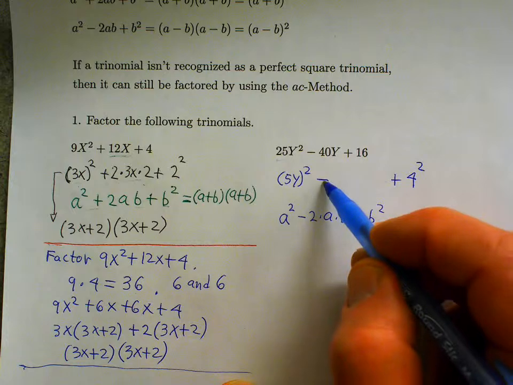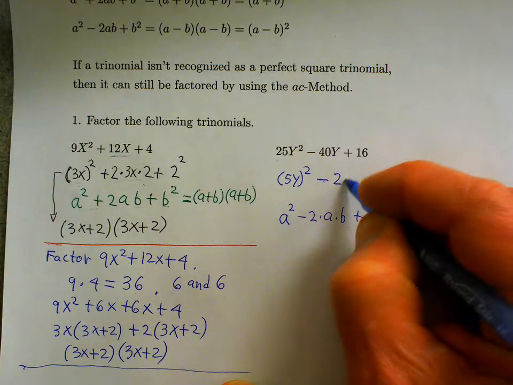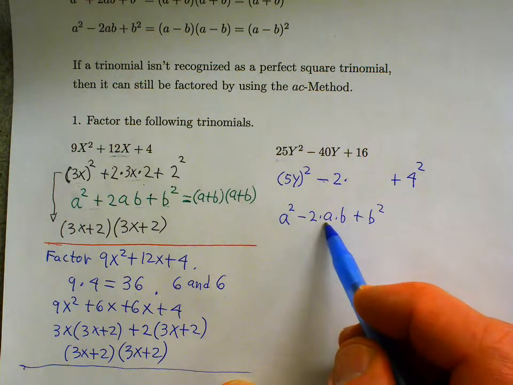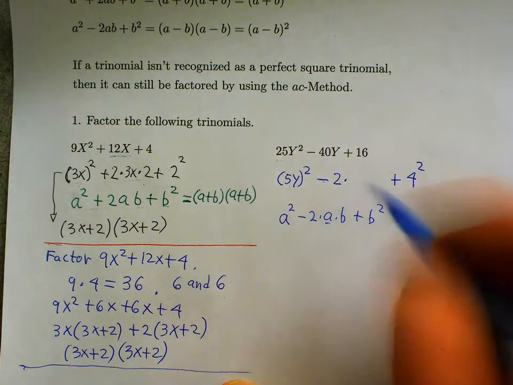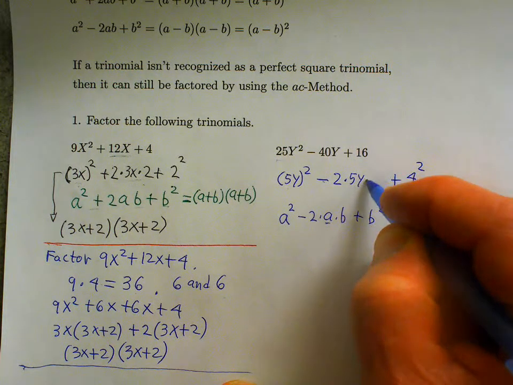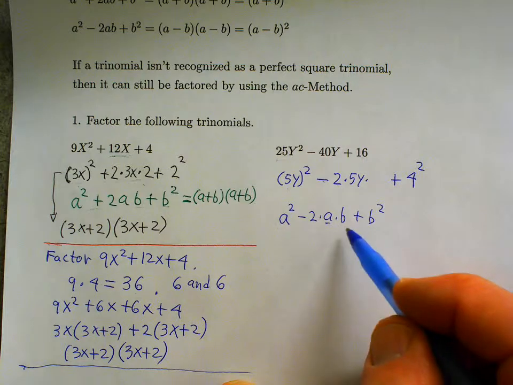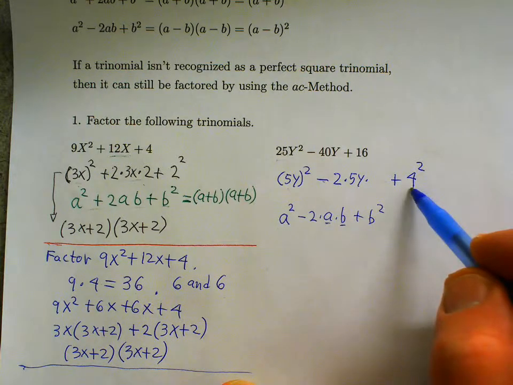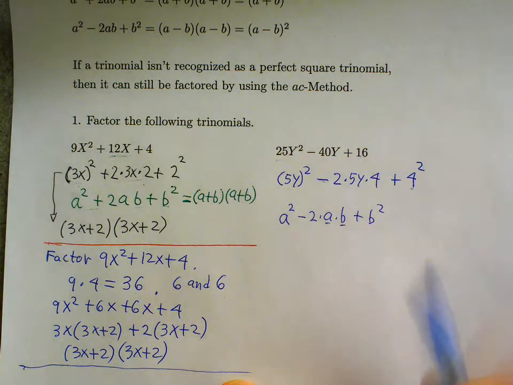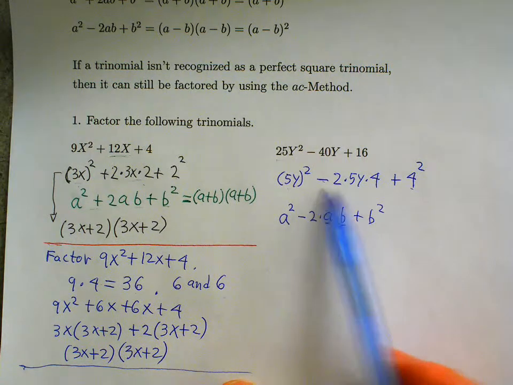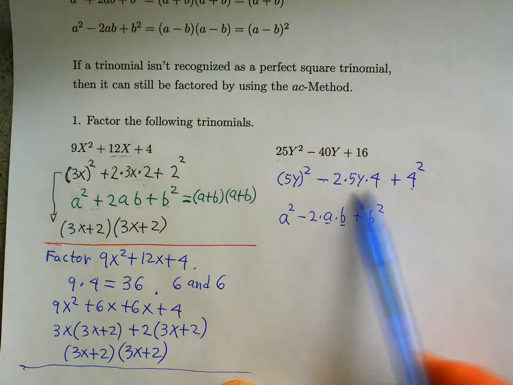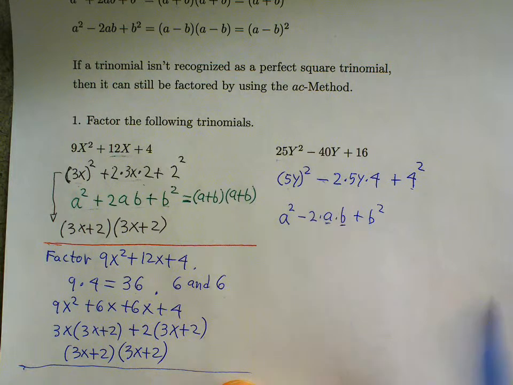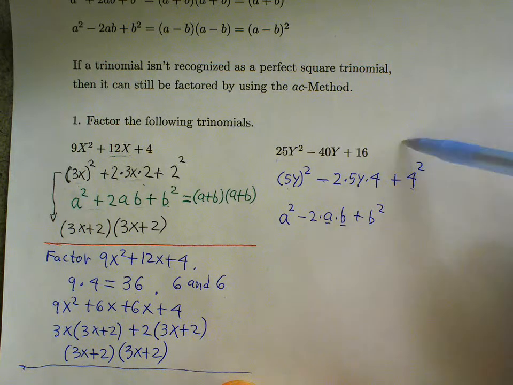Okay, so up here we have minus 2. And the term that takes the place of a up here is 5y. And the term that takes the place of b is 4. And then we check. Minus 2 times 5y times 4 is minus 10y times 4, or minus 40y. So this is a perfect square trinomial.